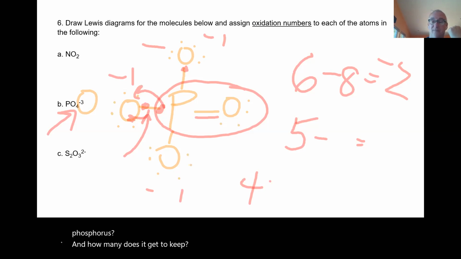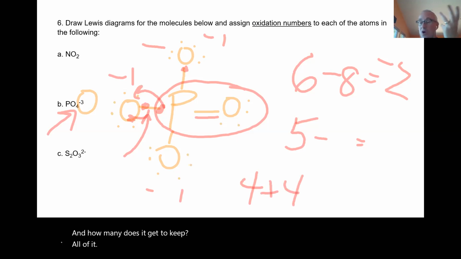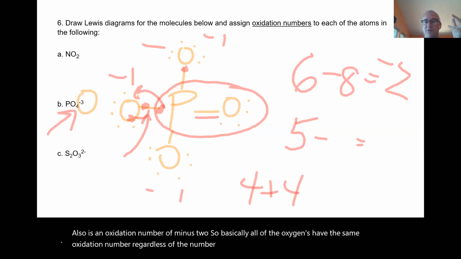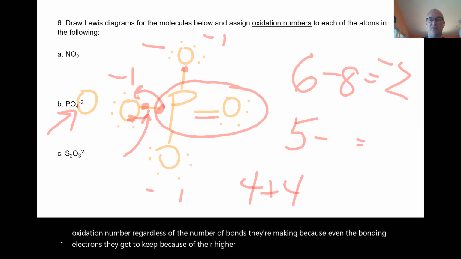All of them. So it also has an oxidation number of -2. Basically, all of the oxygens have the same oxidation number, regardless of the number of bonds they're making, because even the bonding electrons they get to keep because of their higher electronegativity. So all the oxygens are -2.